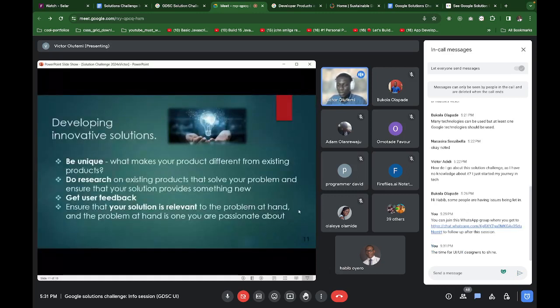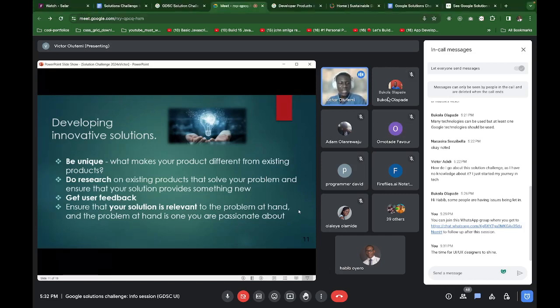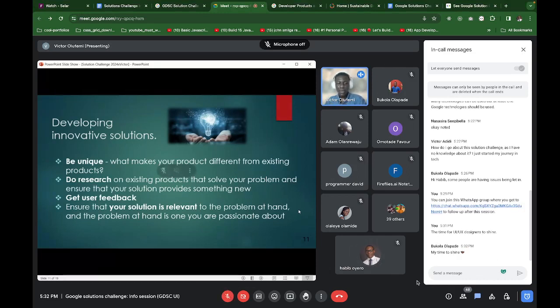Yeah, so going to developing innovative solutions, as I said earlier, I'll be fast so that we can have much more time to interact and discuss. All right, so make sure your idea is unique. When I mean unique, make sure you're bringing something new at least, right? So let's say you're building fintech. I think fintech is the in thing in the Nigerian ecosystem now.